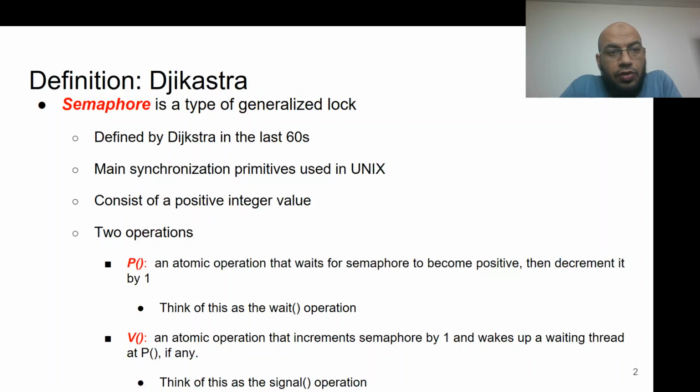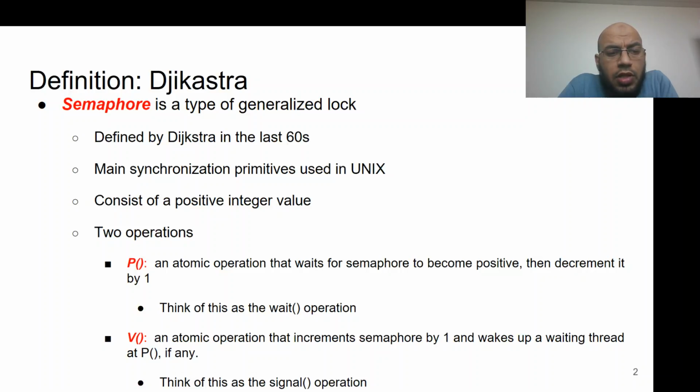Semaphores were defined by Dijkstra as a positive integer value having two operations. So it's sort of a data type or a data structure like an int or a long, but it's always a positive integer type.